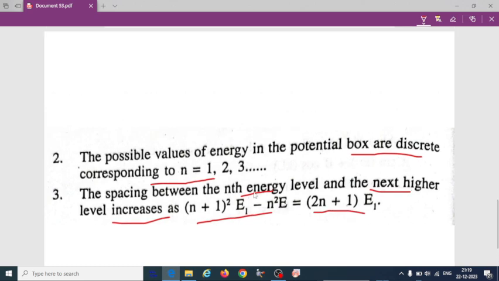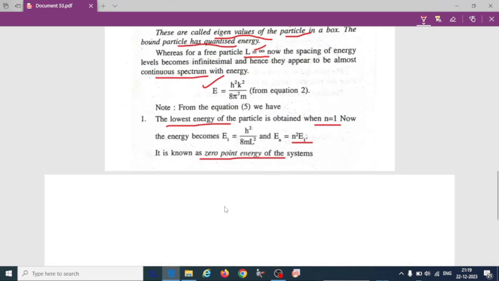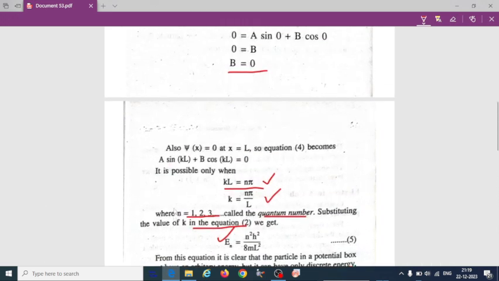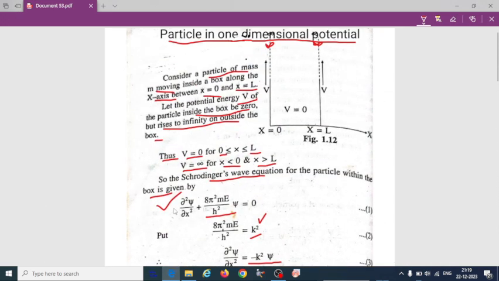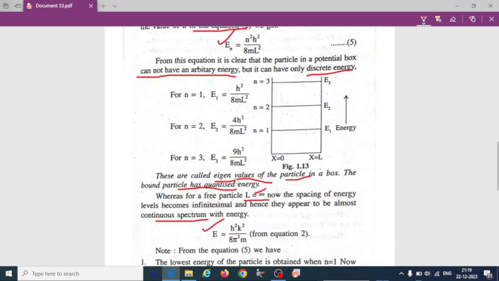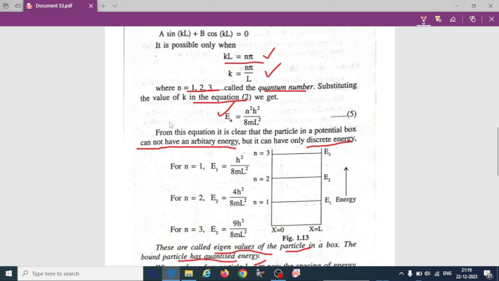So these are the few conditions related to a particle confined to a one dimensional potential well. So this is all about energy eigenvalue and the boundary conditions for a particle in a one dimensional potential well. And many of the questions, compulsory question will be on energy eigenvalue, En, nth energy. They are going to ask in exam.